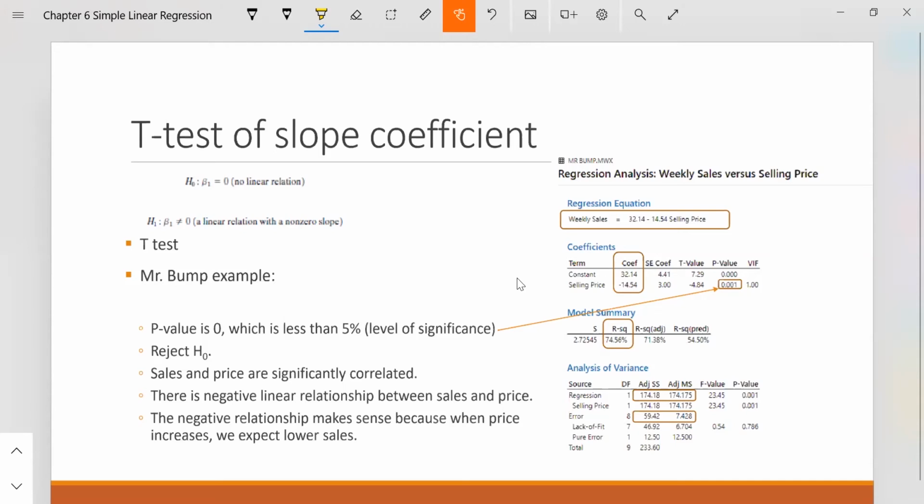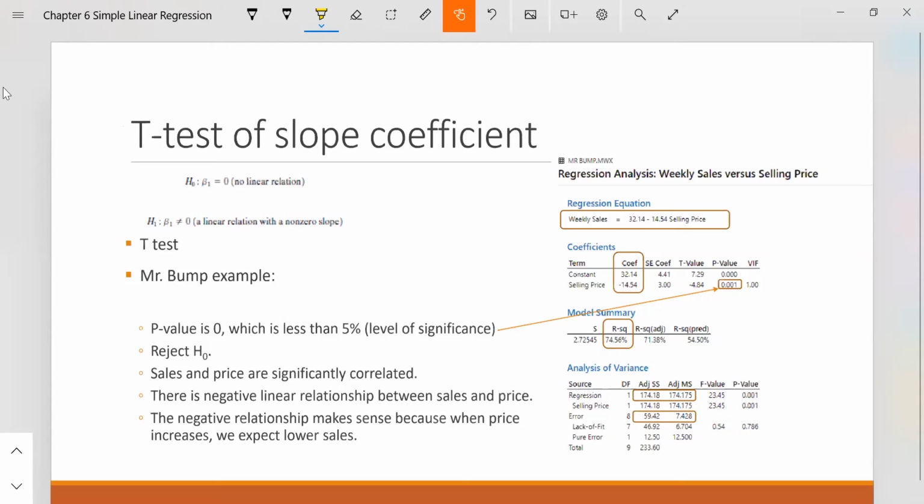We don't know for the whole population whether this relationship holds or not. And the beauty of this t-test is that it will allow us to generalize what we observe in the data to the whole population. It will allow us to determine for all milk sales whether sales and price are significantly correlated as we've observed in the data.